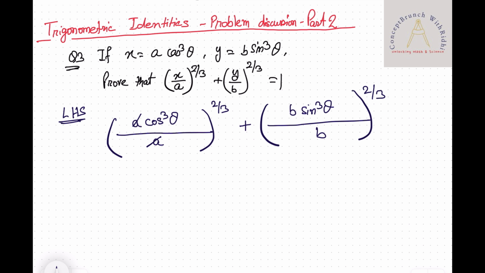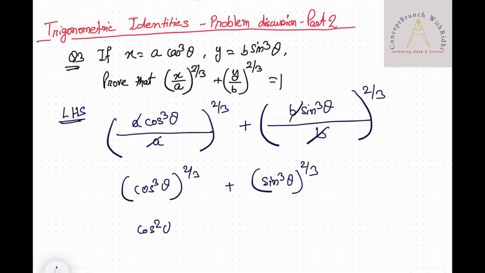From here we can cancel the a and here we can cancel the b. Remaining, just write it. Cos cube theta whole to the power 2 by 3 plus sine cube theta whole to the power 2 by 3. So we can easily cancel the 3. We can write cos square theta plus sine square theta, and that is equal to 1 with the help of identity, which is equal to the RHS.